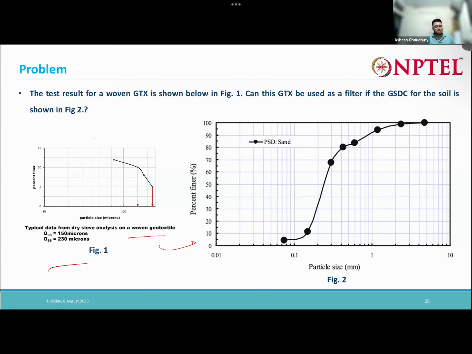So a filter must satisfy two criteria. First is piping, meaning the pores must not be so large that the small particles of the soil pass through. The second criterion is permeability: the pore sizes should be large enough so that the water easily drains out through the geotextile.